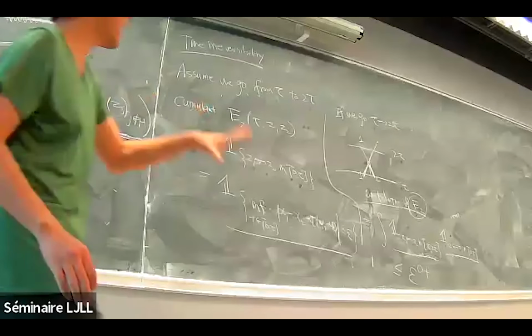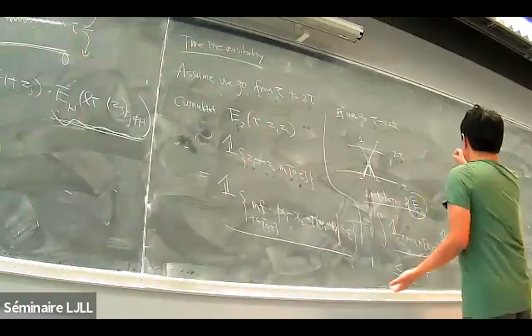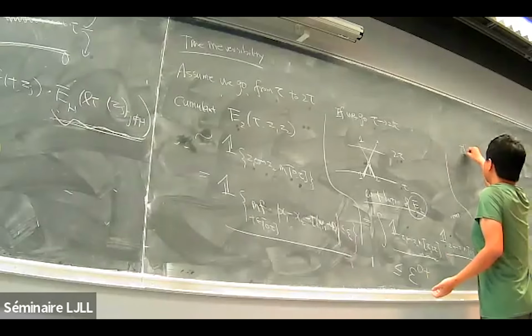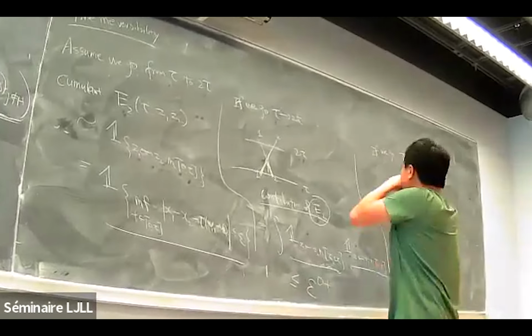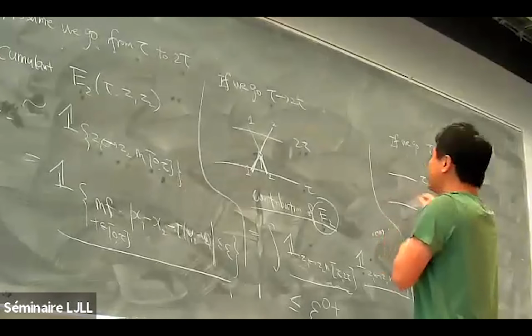However, if you go from tau back to 0, that means you have this tau, and going back to 0.